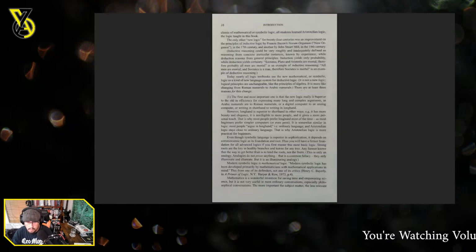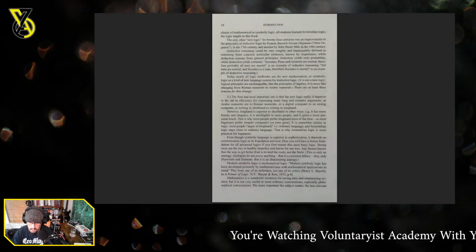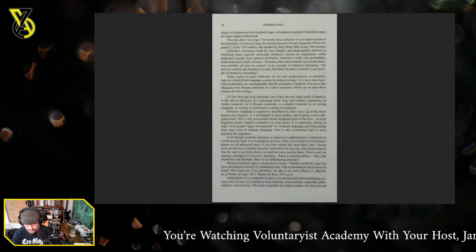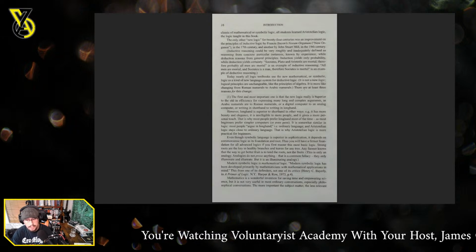Even though symbolic logic is superior in sophistication, it depends on common sense logic as its foundation and root. Thus, you will have a firmer foundation for all advanced logics if you first master the most basic logic. Strong roots are the key to healthy branches and leaves for any tree.